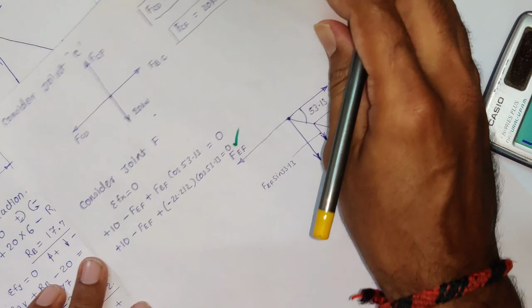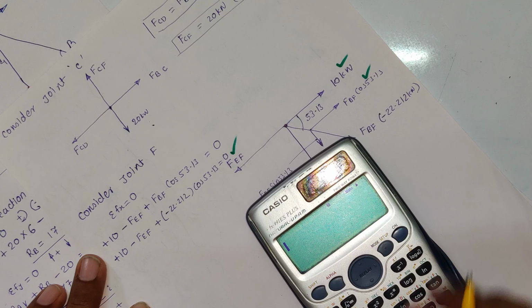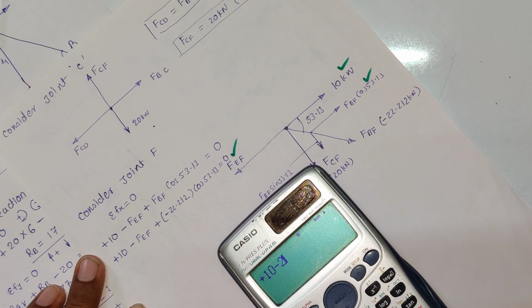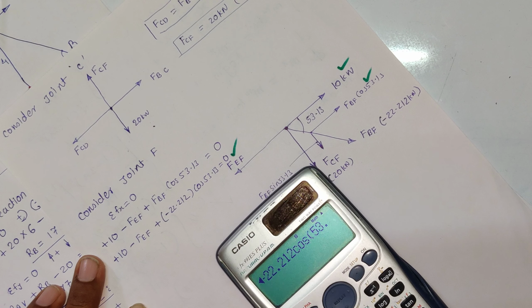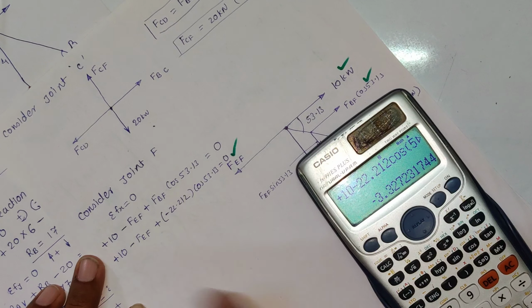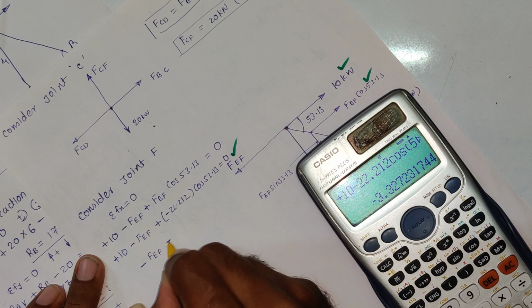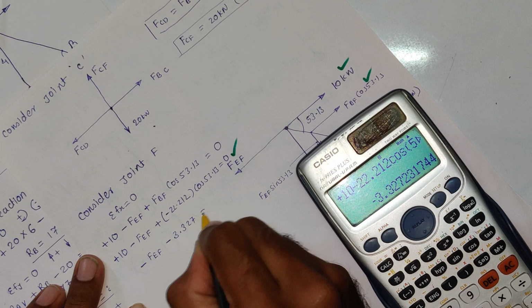Right? So plus 10 minus 22.212 cos 53.13, answer is minus FEF minus 3.327 is equal to 0.